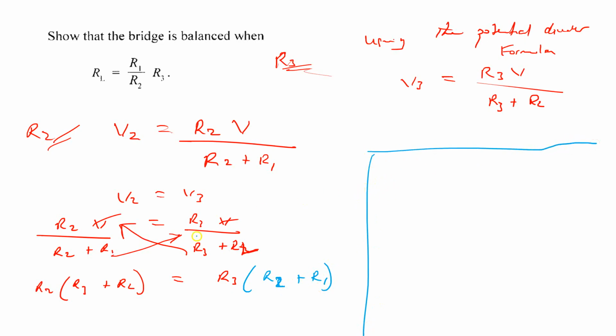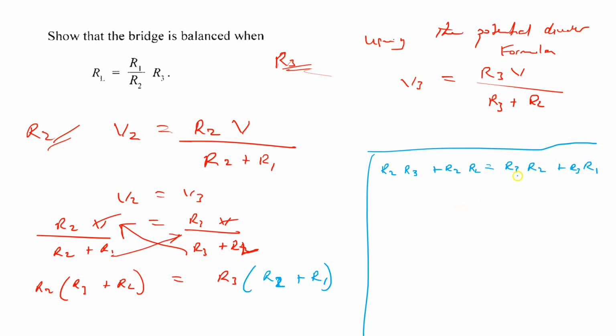So we're just going to expand these. We have R2 times R3 plus R2 times RL equal to R3 times R2 plus R3 times R1.